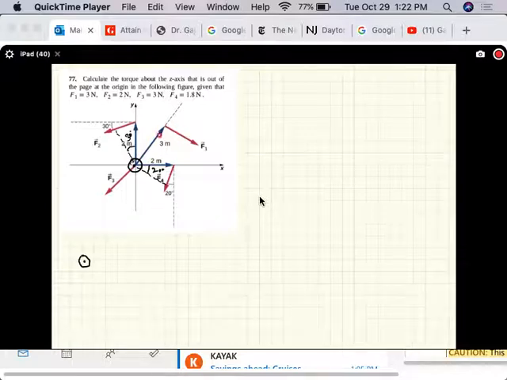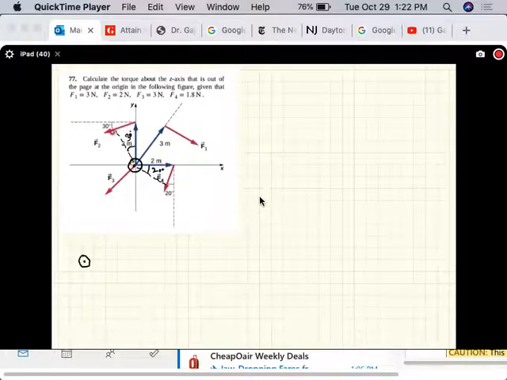Our convention is that if a torque will rotate an object counterclockwise, that's taken to be a positive torque. And if a torque would rotate an object clockwise, that is taken to be a negative torque. So if a torque is positive, it's pointing in the positive z-axis, and if it's negative, it would be pointing in the negative z-axis.